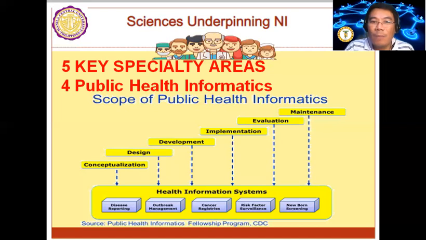Next, how about the health information system? In the health information system on the risk factor surveillance, this is similar to the contact tracing. When someone has been identified as positive, then it may need contact tracing of those who have been exposed to the person who is positive.